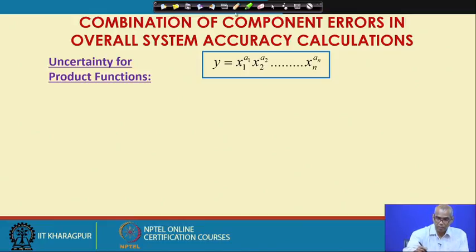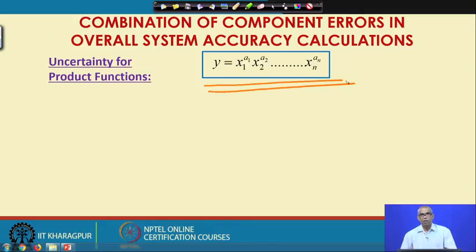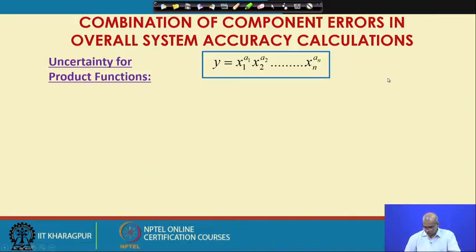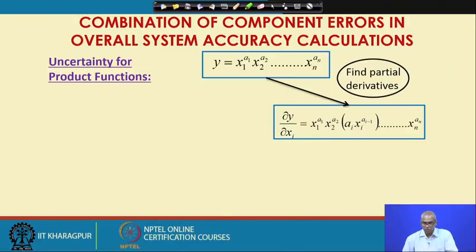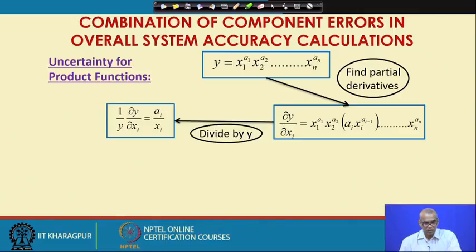So, y is given as follows: y equal to x 1 to the power a1 into x2 to the power a2 up to xn to the power an. The same methodology can be used. We first compute the partial derivatives and finally get del y del x i. Note that y is same as f.